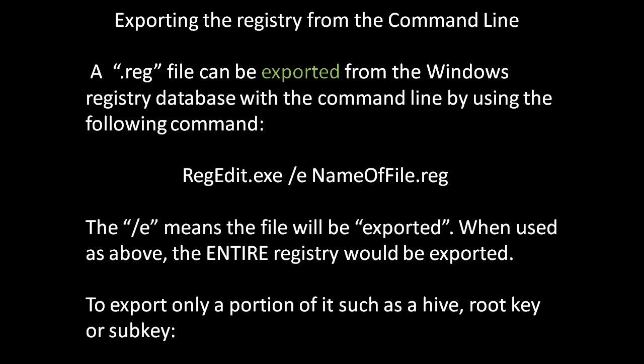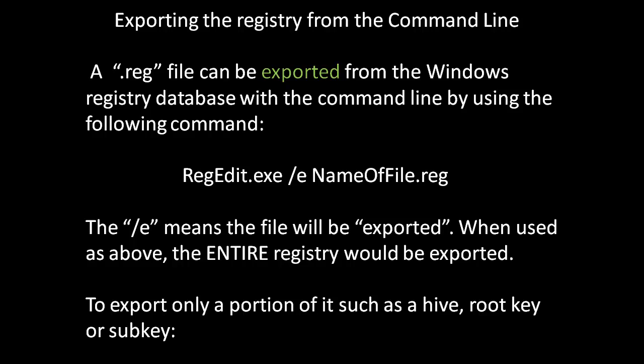The entire Windows registry or select parts of it can be exported from the command line, just as you could graphically if you were to right-click on a part of it, such as a root key, and select Export from within the regedit.exe tool. A .reg file can be exported from the Windows registry database with the command line by using the following command: regedit.exe /e and then the name of the file .reg. Let's break down the syntax. The /e means the file will be exported.